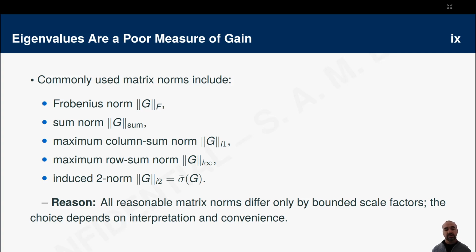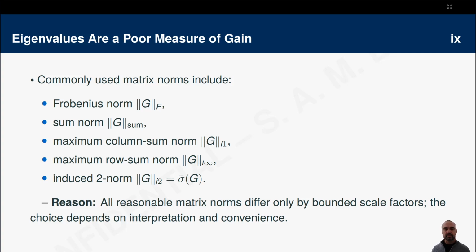The engineering choice depends on interpretation, but for energy and worst case amplification, induced norms are most meaningful because of their relationship with the energy definition.